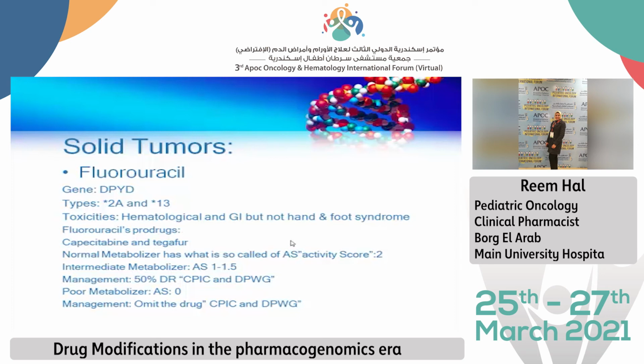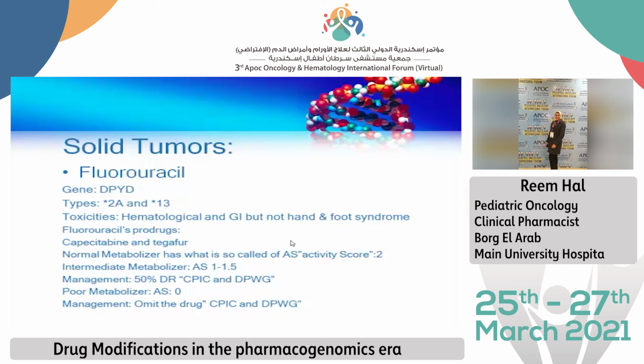Fluorouracil, which is used mainly in colorectal cancers, is metabolized by an enzyme called dihydropyrimidine dehydrogenase, the DPYD, the rate-limiting enzyme for 5-fluorouracil catabolism, and it is found on the short arm of chromosome 1.